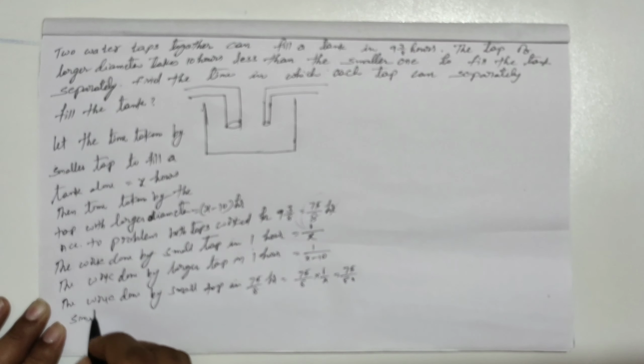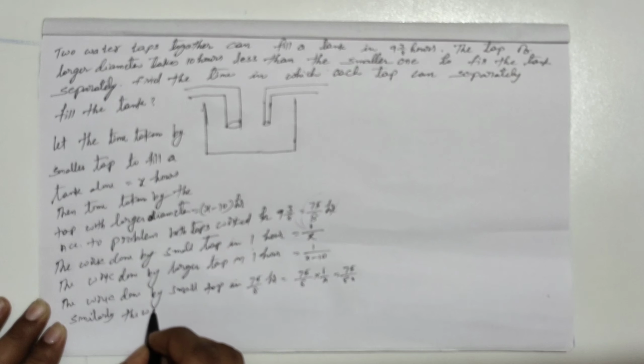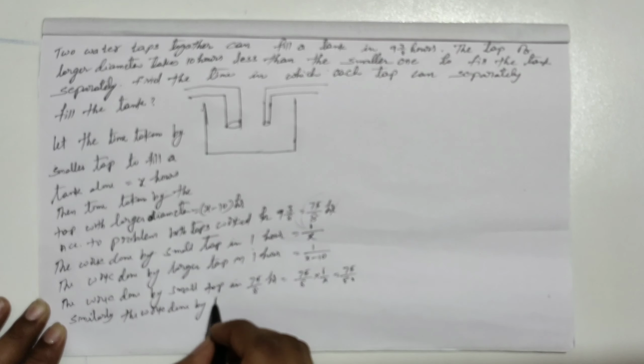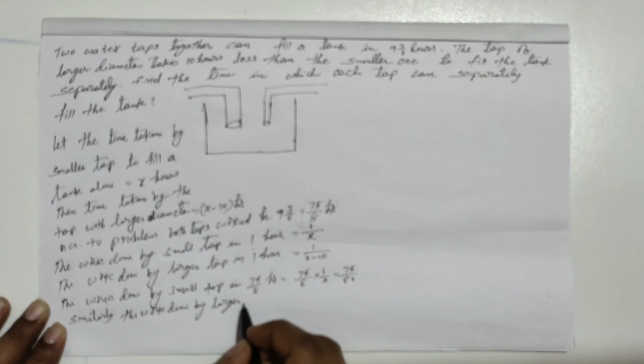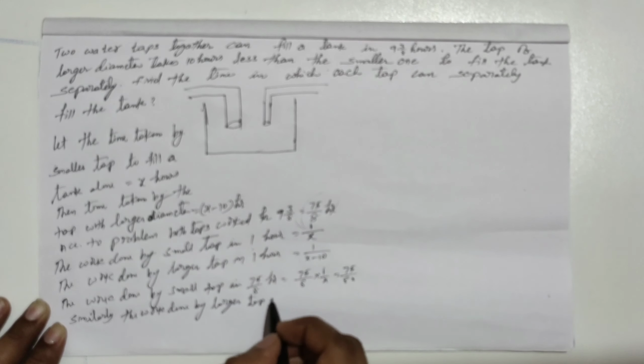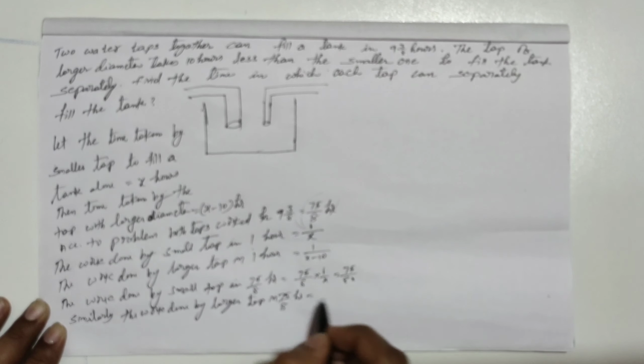Similarly, the work done by the larger tap in the same duration, 75 by 8 hours, is 75 by 8 into x minus 10.